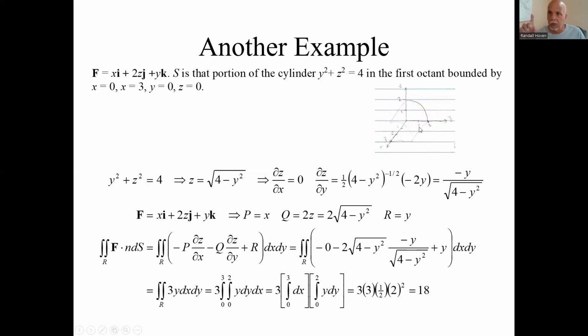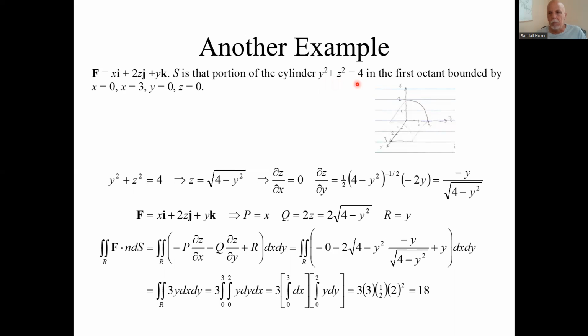What is the region of integration? That's the important part. All this three-dimensional thinking, the big deal was the region of integration. It's this rectangle down in the XY plane, the shadow of this surface onto the XY plane. Here's the surface.